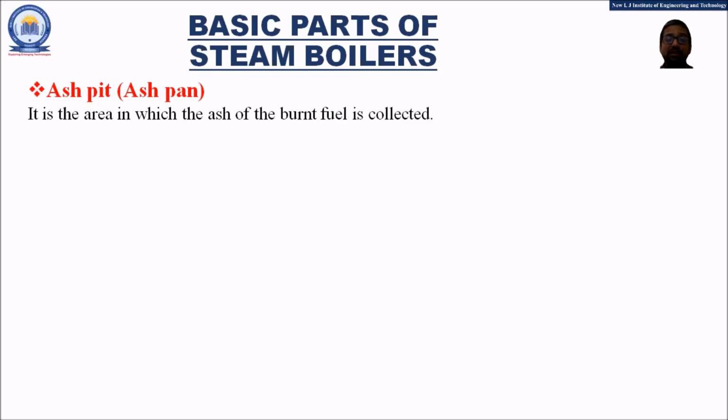The ash pit or the ash pan is the area in which the ash of the burnt fuel is collected. During maintenance, we remove the ash pit and ash pan and clean them. So it is the area where the ash of the burnt fuel is collected.